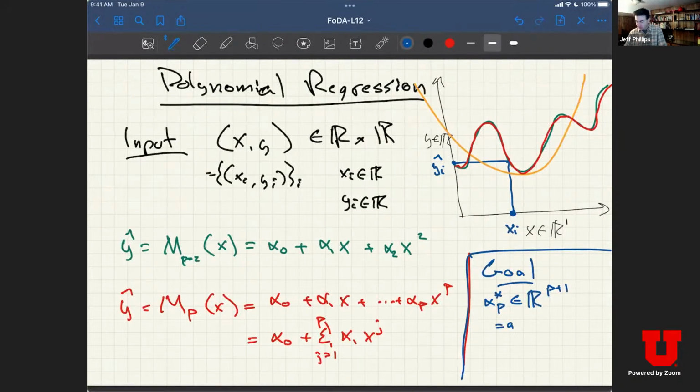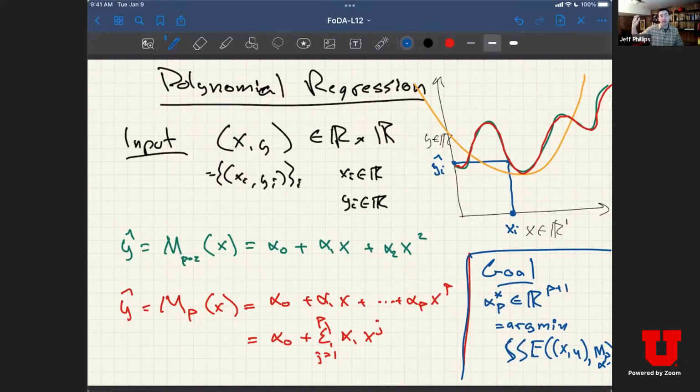Which is going to be the arg min of the sum of squared errors over x, y of the model p of alpha. So we're now minimizing, but we've changed the model.